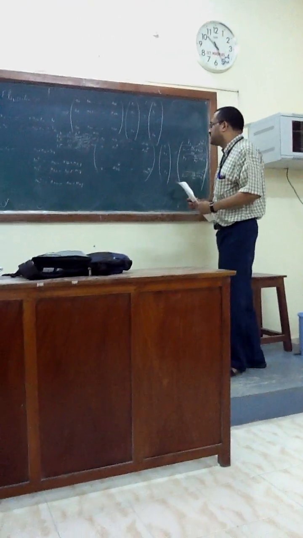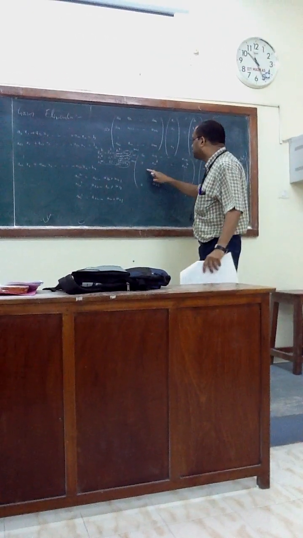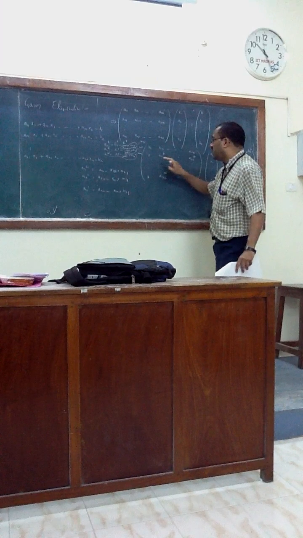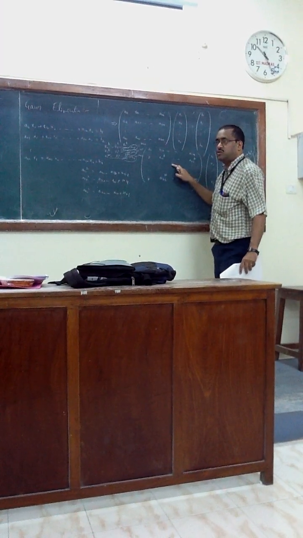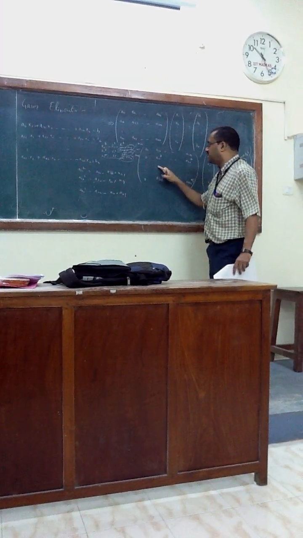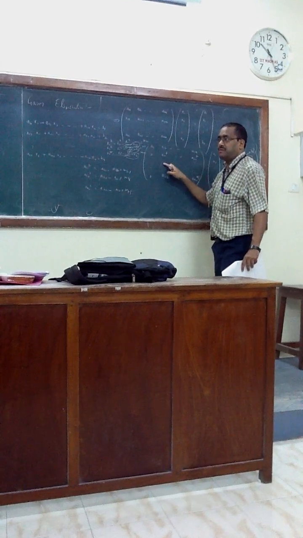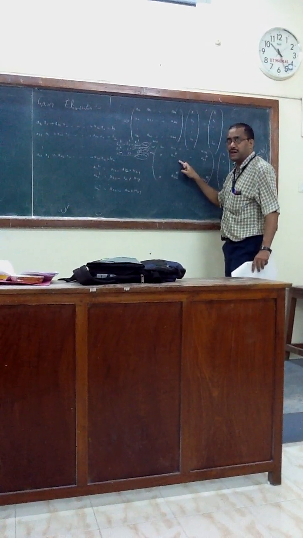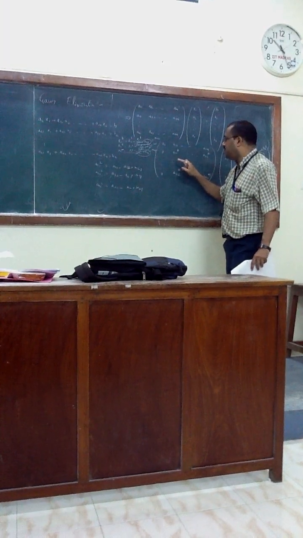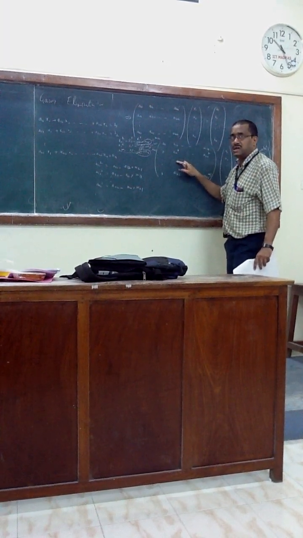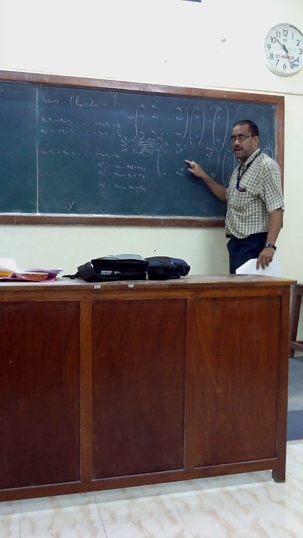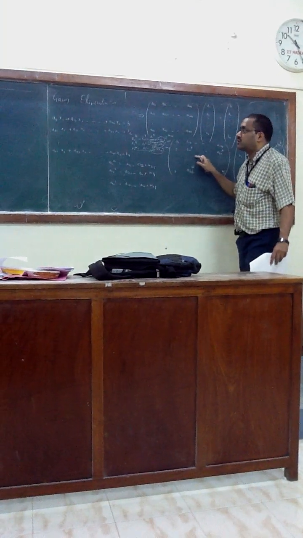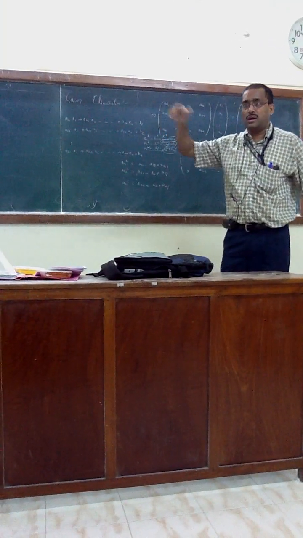What is that matrix? It will be 0, A32, A332 and so on. So A332 has to be 0. How to get it, make it 0? You divide it by A222 and multiply by A322. That means it will be R3 minus R22 divided by A22 into A32. That's what I do. Right?